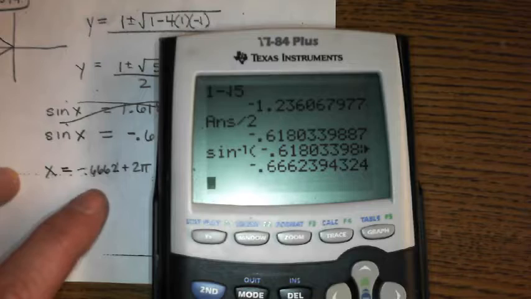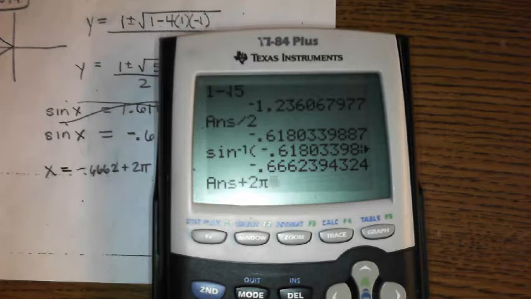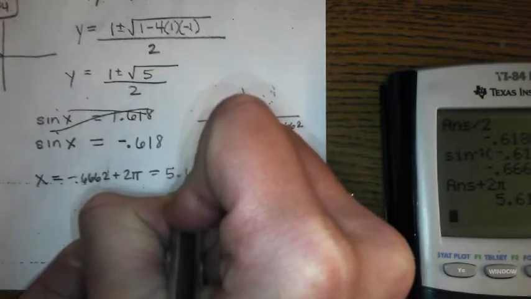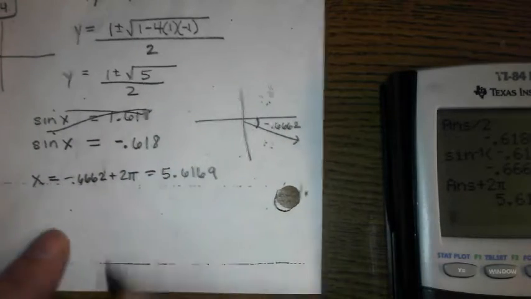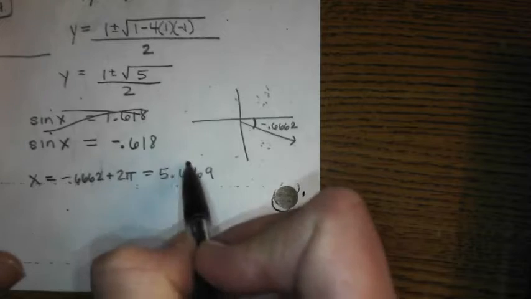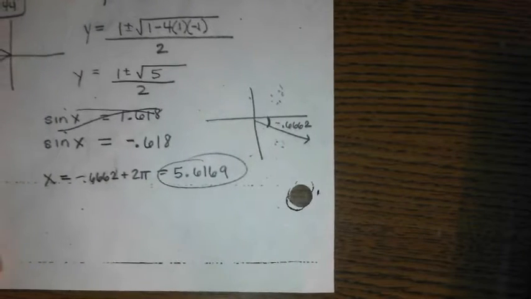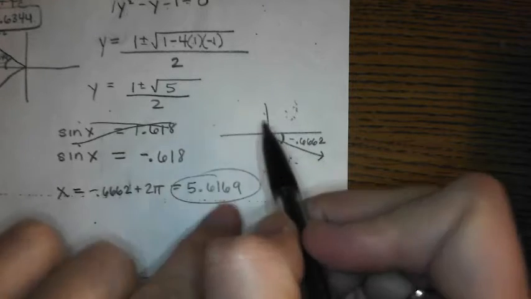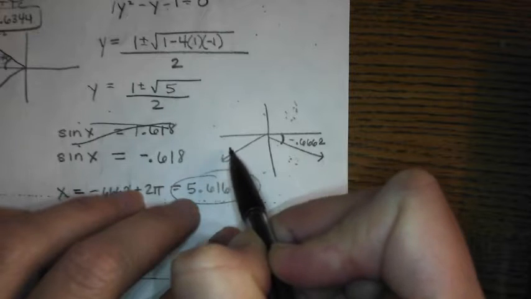I'm going to use the stored value on my calculator so as to not round. So add 2 pi onto that, and it will give me the coterminal 5.6169. So there's one solution. What other quadrant am I in if sine is negative? 3. So how do I find this angle?